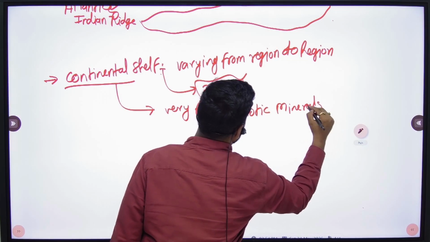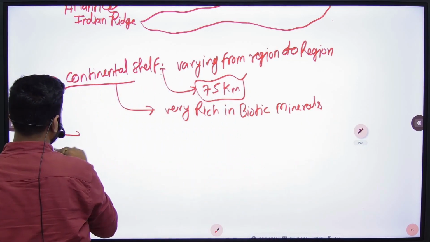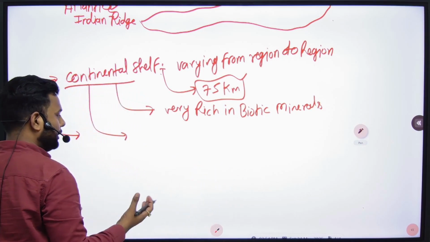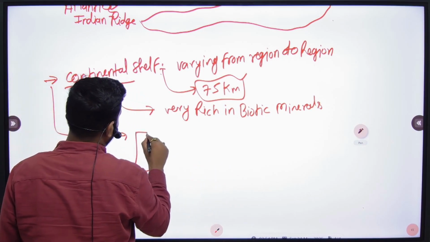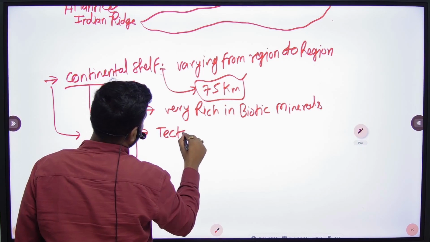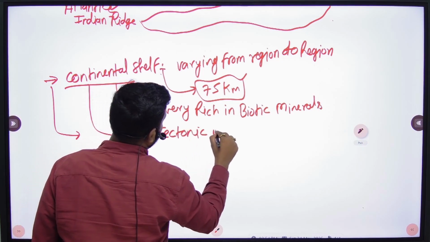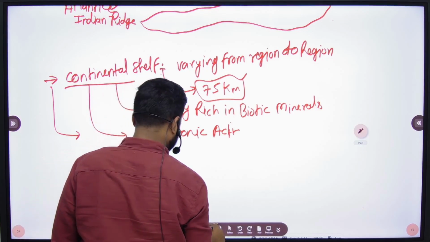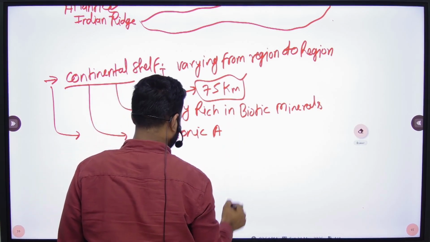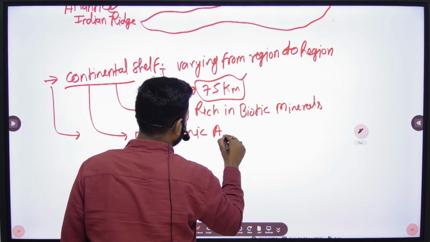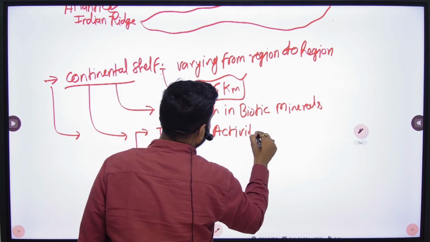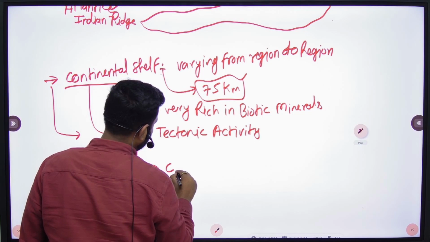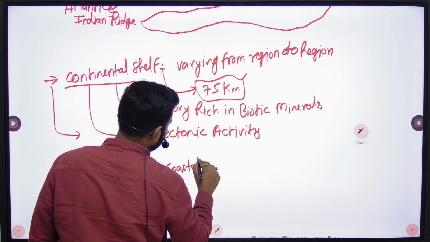Also, you can put down that the continental shelf of the Indian Ocean is formed by tectonic activity, as well as some coastal submergence.